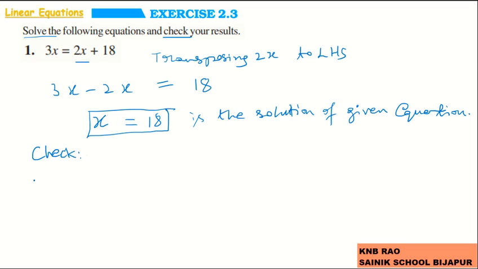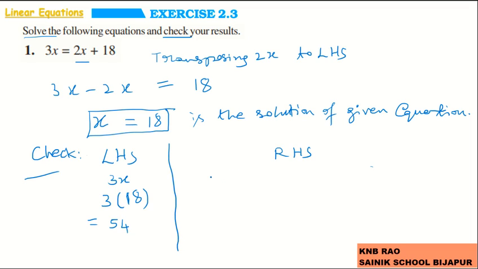Students, it is as simple as taking the left hand side of the given equation, substituting in it the value which you found, that is x equals 18, and 3 into 18 gives you 54. Taking the RHS separately, remember it is taken separately, there should not be an equal sign kept at all between them. It is far away, I am writing, you watch.